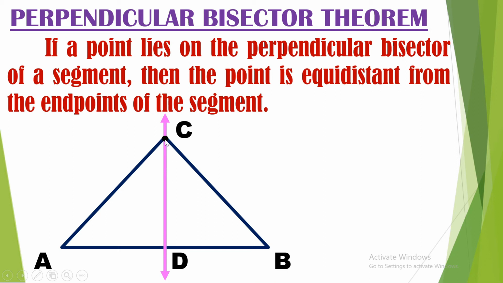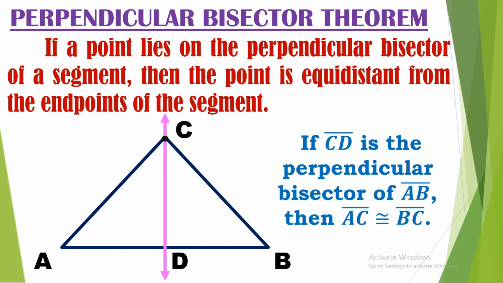Now, since point C lies on the perpendicular bisector of segment AB, then that point C is equidistant from the endpoints of the segment. And the endpoints of the segment are point A and point B. That means if segment CD is the perpendicular bisector of segment AB, then segment AC is congruent to segment BC.